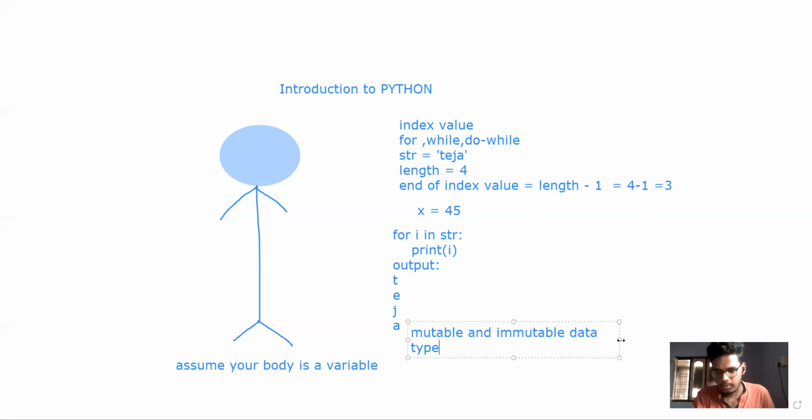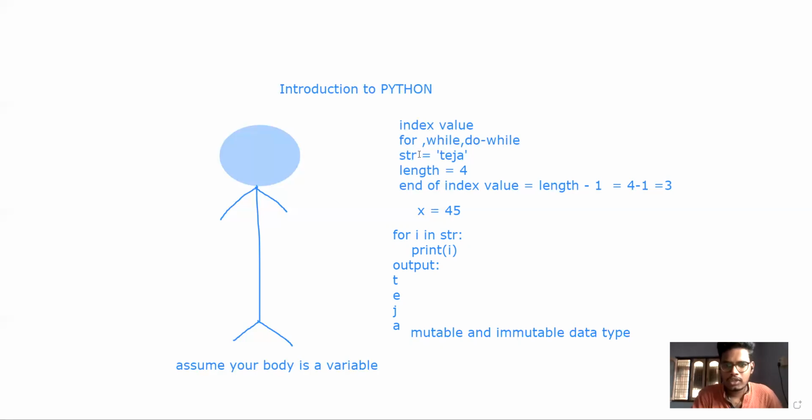Data types. In immutable, we can't change or modify the data which is already assigned to a variable. If you want to change it with an index value or a slicing method, we can't change it. String is immutable, we can't change it, and tuple is immutable, we can't change the data.